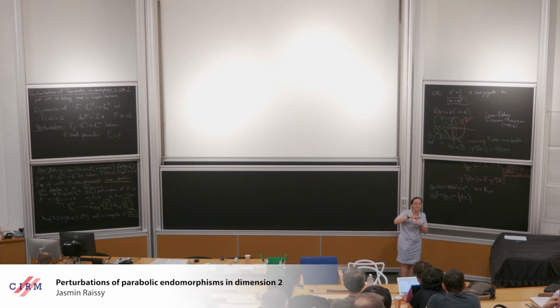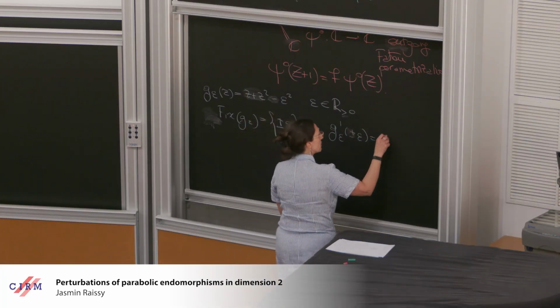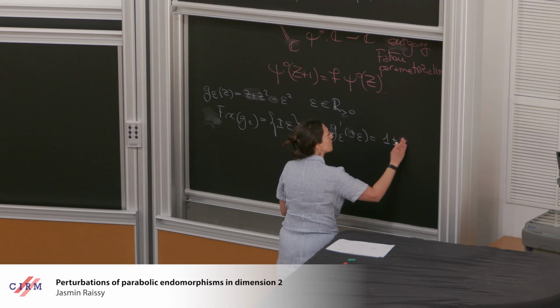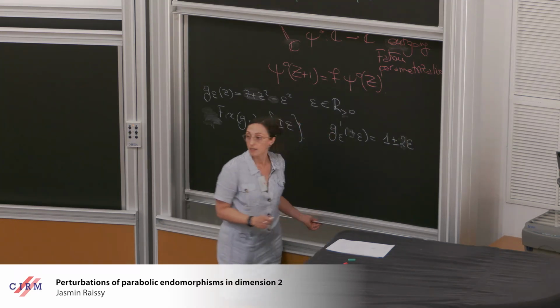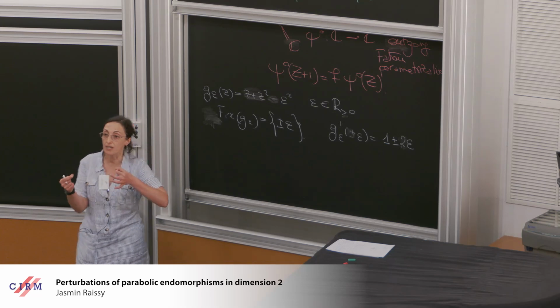If you didn't understand what I just did, it's fine. So I'm going to see what happens at the derivative at these two points, and the derivative will be 1 plus or minus 2 epsilon, okay? So one of these fixed points is slightly attracting, the other one is slightly repelling.